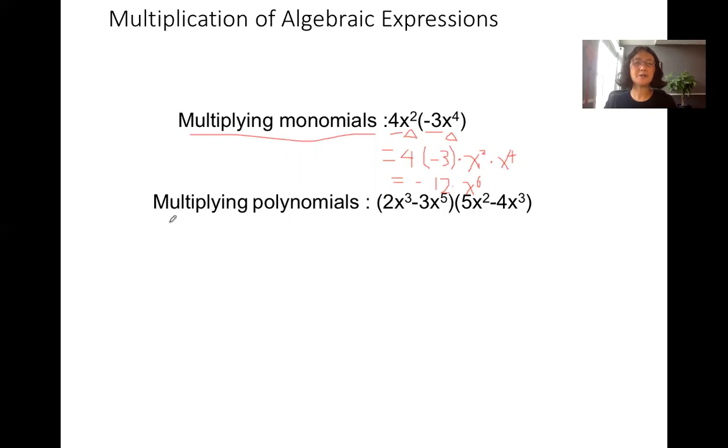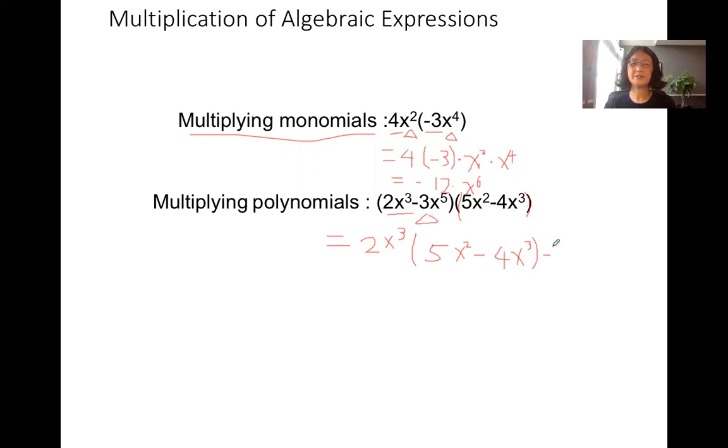Next, when you do multiplying polynomials, you do this: the first term multiplied by this bracket, so it becomes 2x cubed multiplied by 5x squared minus 4x cubed. And then you do the second term, include the negative sign.